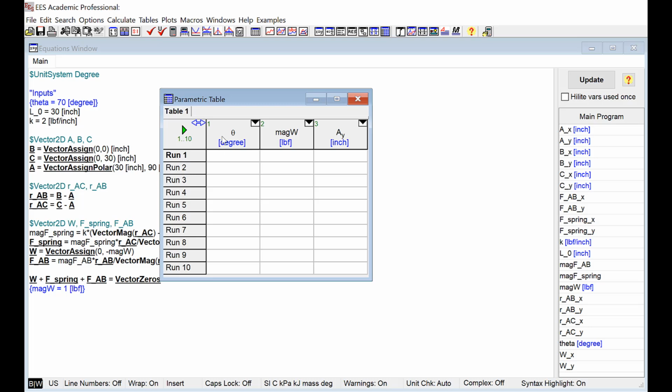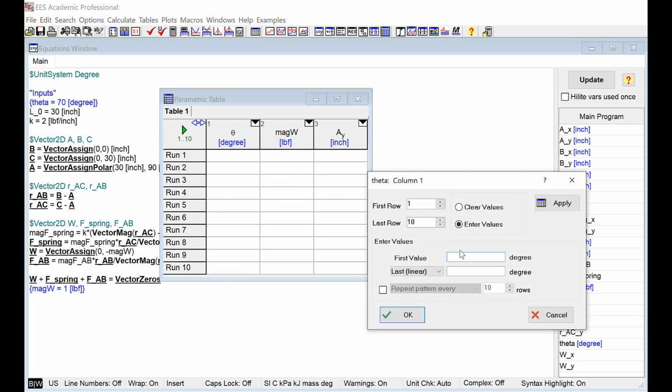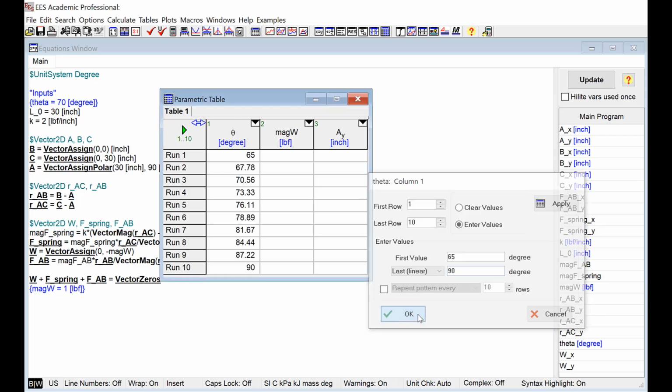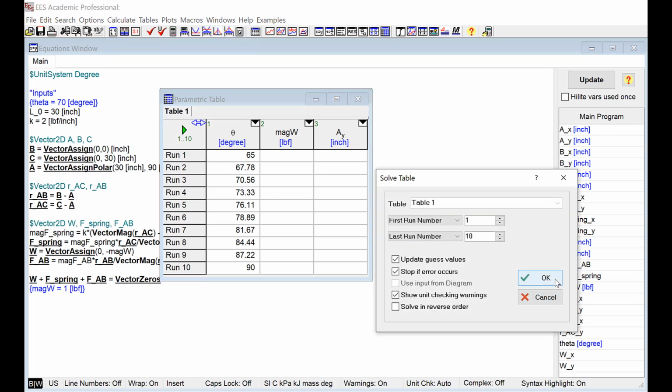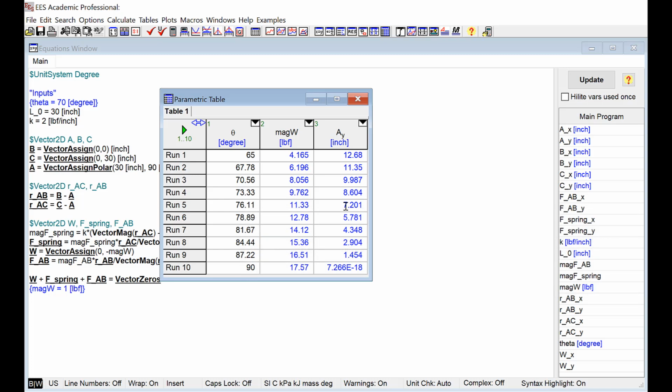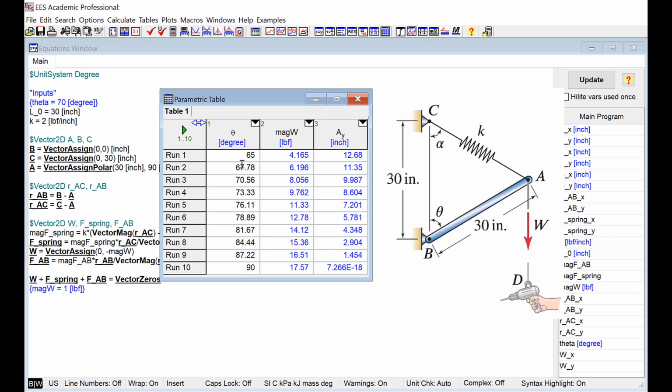And I can change theta from, I don't know, let's change it from 65 degrees to 90 degrees. And hit OK. And we will run this table. So calculate, solve table. And you can see that as you rotate theta down, the magnitude of W goes up and the position of A sub Y goes actually down, right?